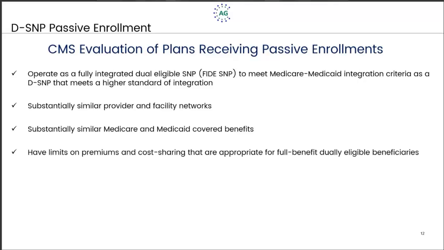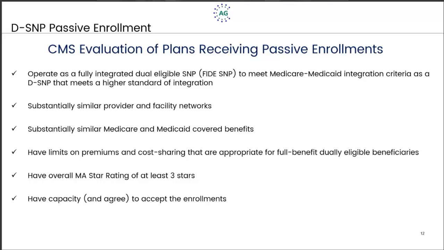They have limits on cost sharing that are appropriate for full benefit dual eligible beneficiaries. They must have an overall MA star rating of at least 3 stars, and they must have the capacity and agree to accept enrollments. So I think a lot of this is going to become clearer as we walk through the case study. If it's a little confusing, hang on.